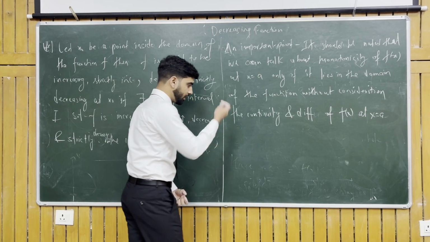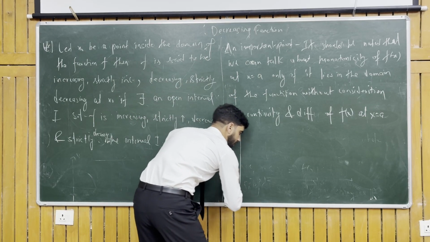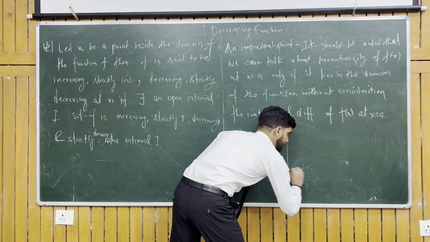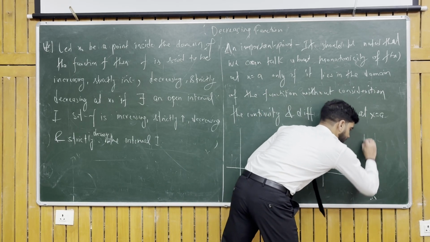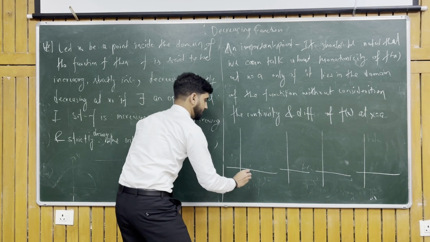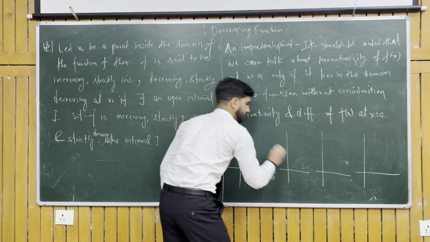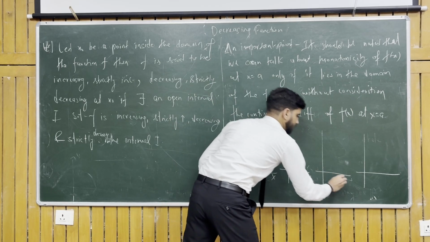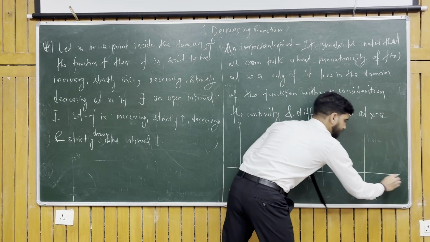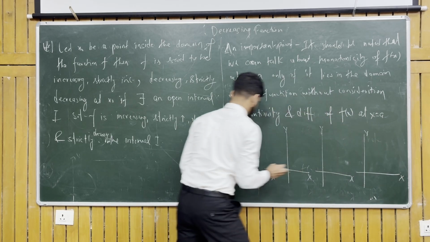So we can understand this with the help of the graph. So first, second, third, fourth. This is x-axis, this is y-axis, in each graph.